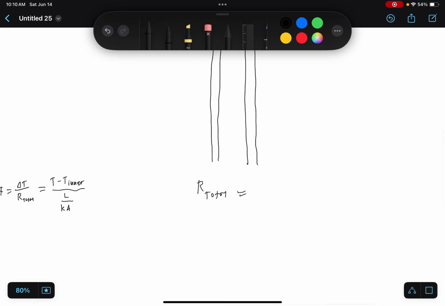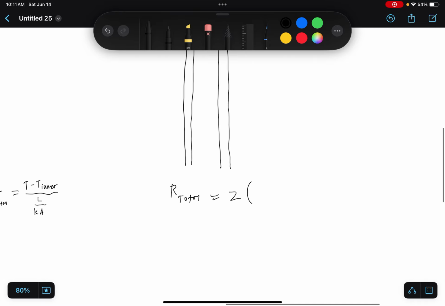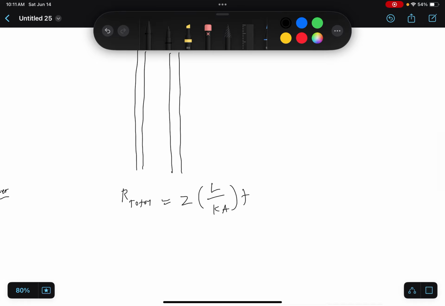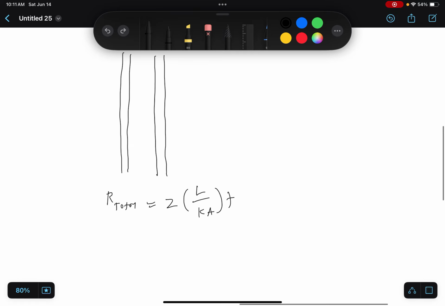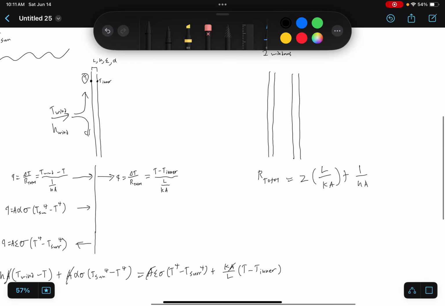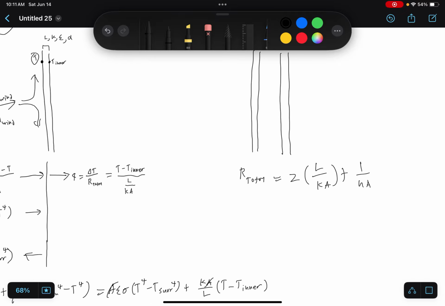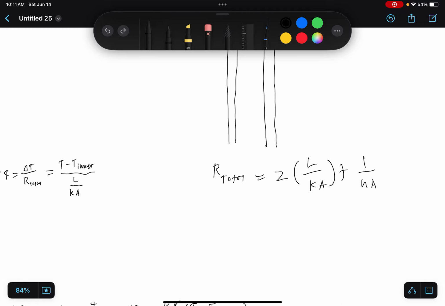Our total would be the two windows, so it'll be 2 times L over KA, plus the convection in between, 1 over HA. So right away, this will be a bigger number than this, even without plugging in numbers.